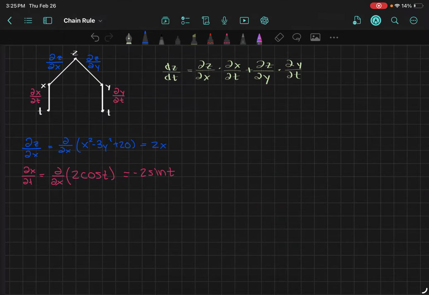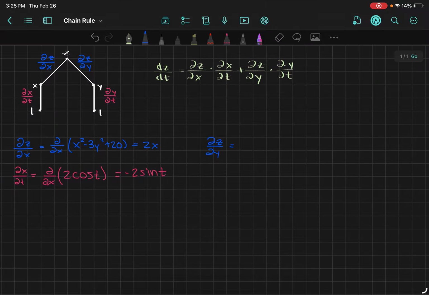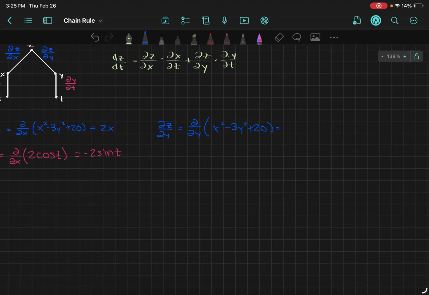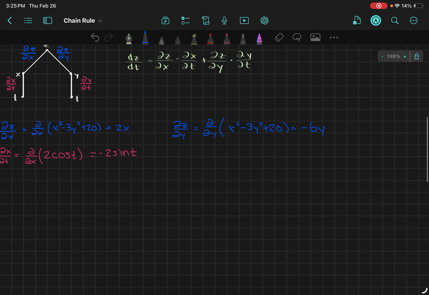Let's go ahead and do our dz/dy now. That is going to equal the partial of z with respect to y of x squared minus 3y squared plus 20. Remember, everything is held constant except for y. This is just going to equal negative 6y, power rule.